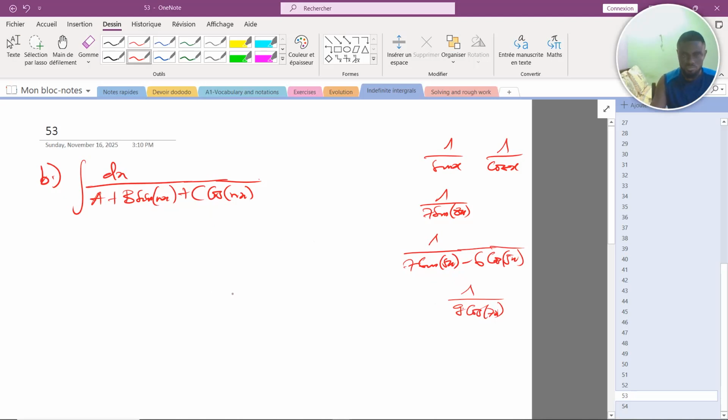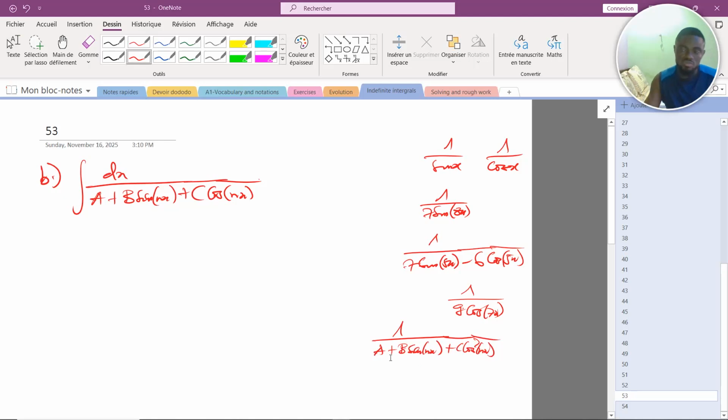Is that okay? Okay. Now, before continuing with this, let me ask you first of all a question. What if you are asked to integrate a plus b sine nx plus, for example, c cos square nx?